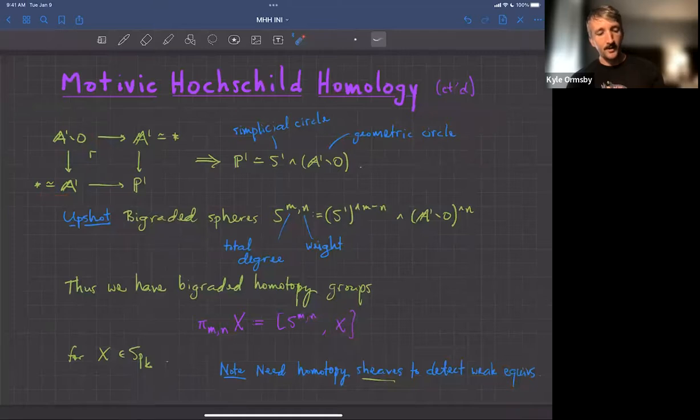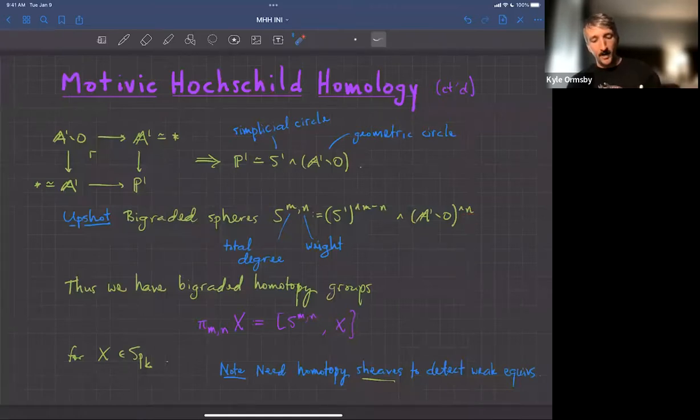Since A1 is contractible, we realize that P1 is the suspension of A1 minus the origin up to motivic homotopy. And in this talk, I'll use the algebro-geometric grading, where we have this S^{m,n} graded sphere as m minus n copies of the circle and n copies of A1 minus the origin.